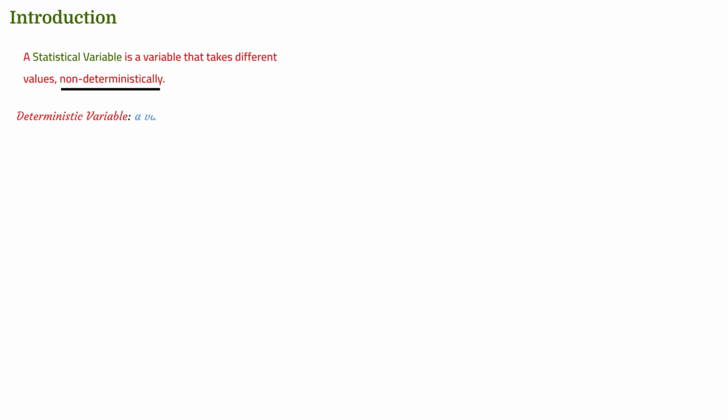First topic, introduction. A statistical variable is a variable that takes different values non-deterministically. That non-deterministic part is important. Deterministic variable is a variable whose value is known or can be calculated.